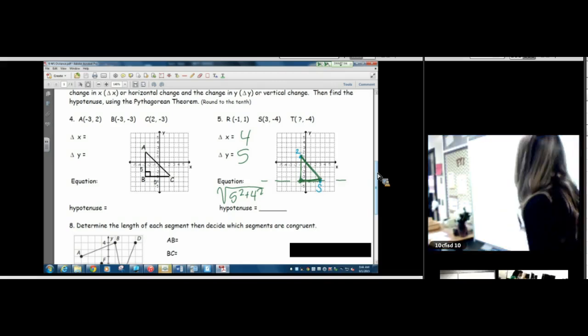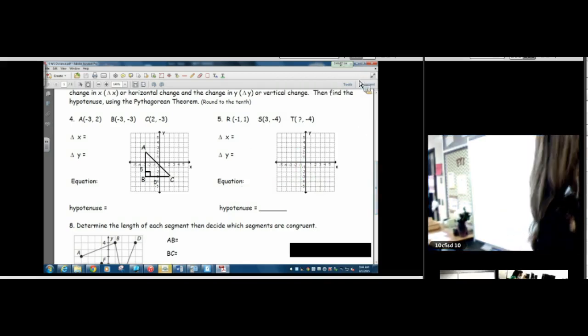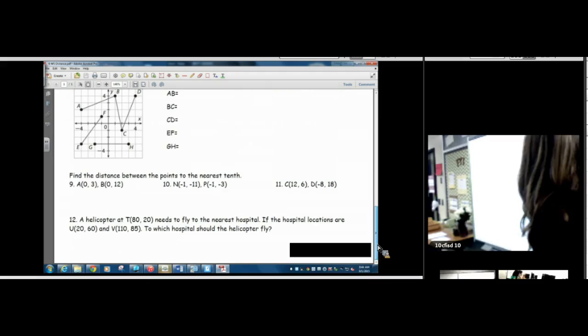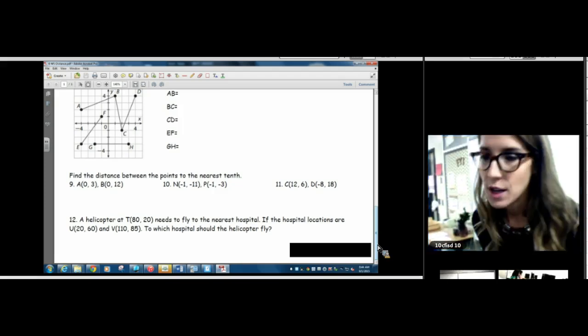Last one, number 12. A helicopter at 80, 20 needs to fly to the nearest hospital. If the hospital locations are at 20, 60, and 110, 85, which hospital should the helicopter fly to? So what you're really saying is that you're here at 80, 20.